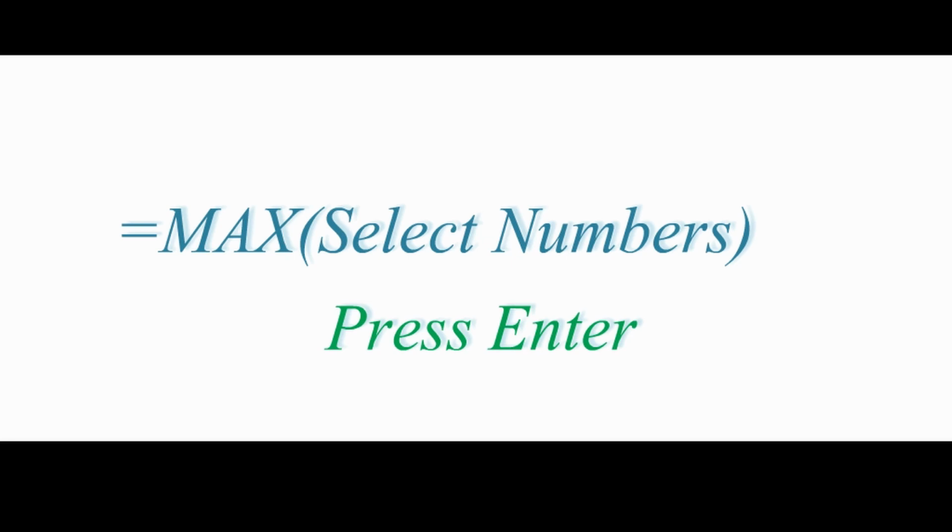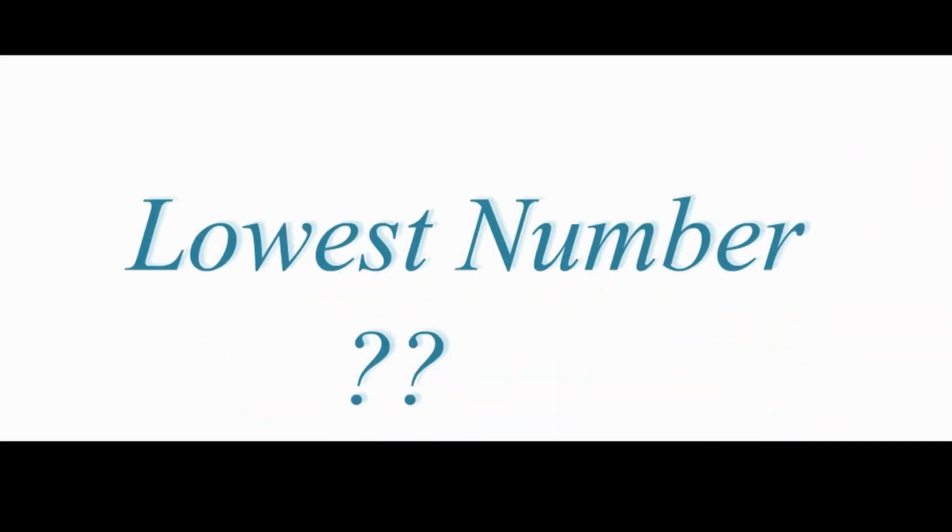Okay, equal to sign will come first, then we have to put max, and we have to open the bracket, select the numbers, then close the bracket and press enter. That's it. You'll get the answer. For the lowest number, if I want to take out the lowest number, then which function do we have to put? Yes, we have to put min function, min. Okay, same structure you have to use.